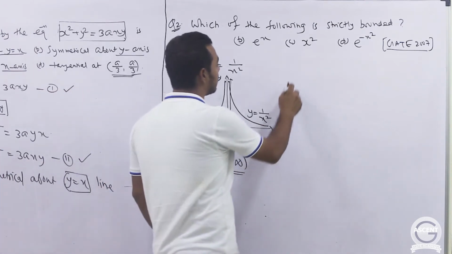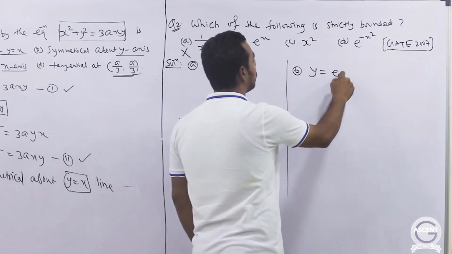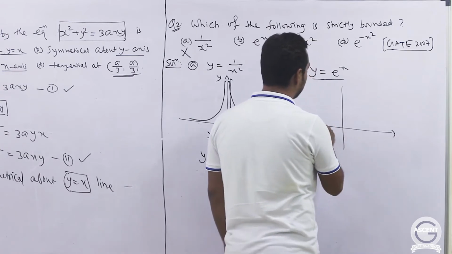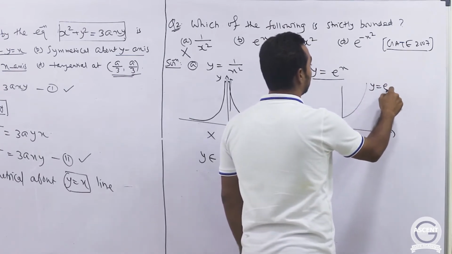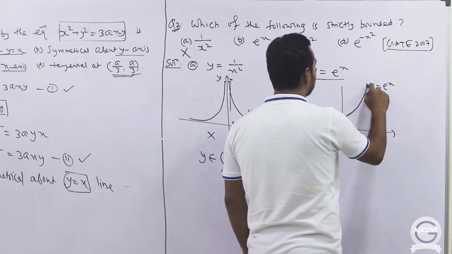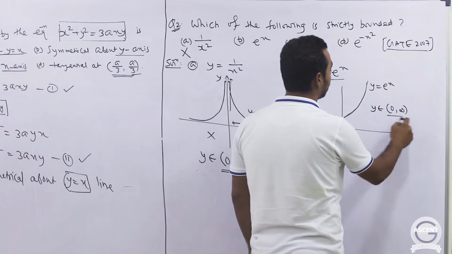Option B is y equals e to the power x. We have discussed the graph of e to the power x earlier. Again, the range for y will be from 0 to infinity.